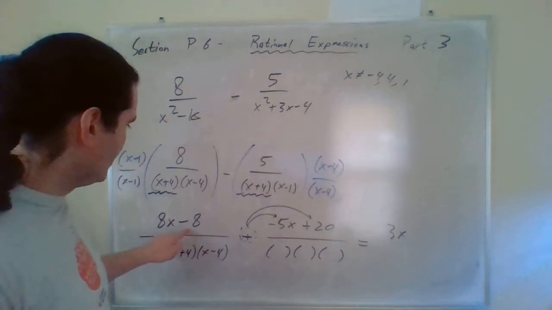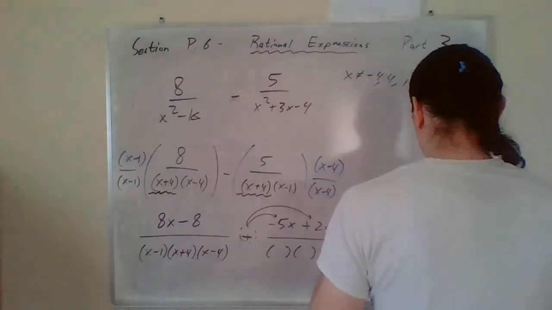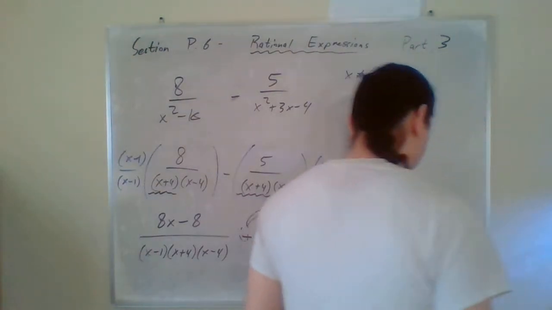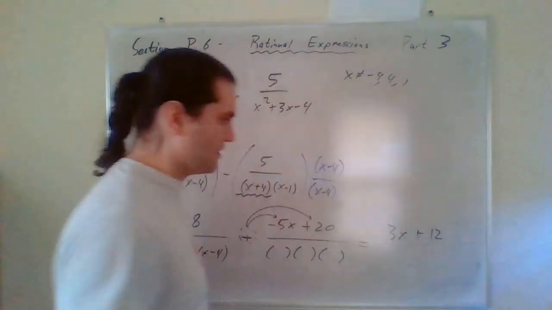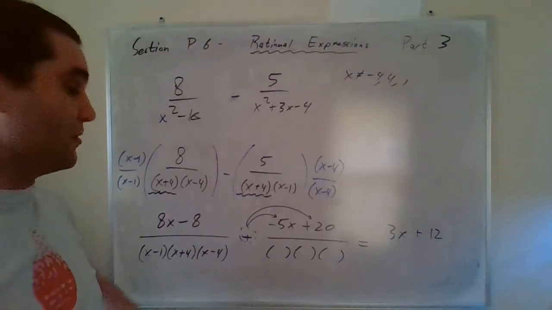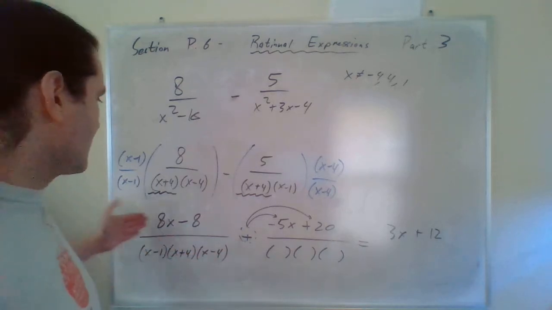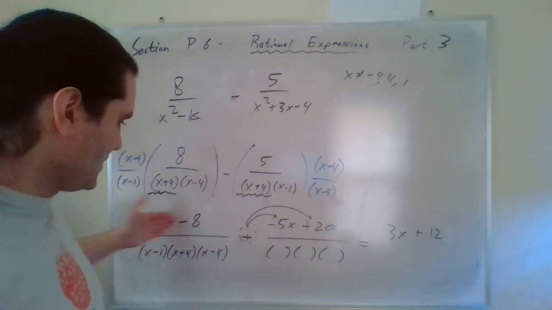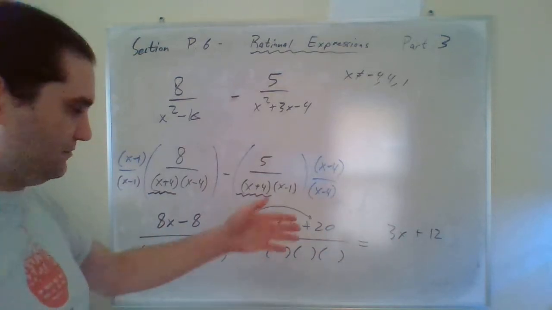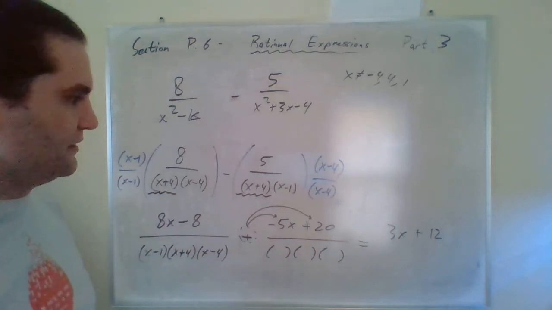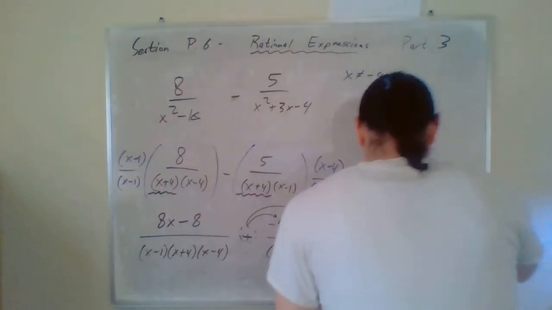So when we do our -8 plus 20, we're going to get a 12 back here. Not 12x, just 12. No x's in that one. So once you have your common denominator, you're combining like terms across the top, just like you always have been when you add polynomials or rational expressions together. And then the bottom stays the same.